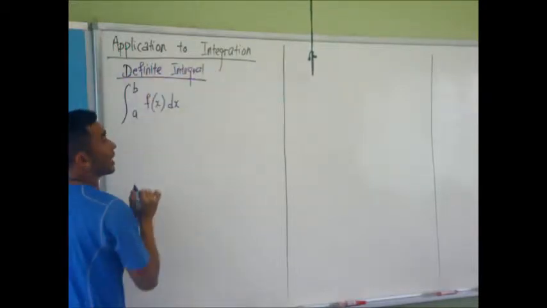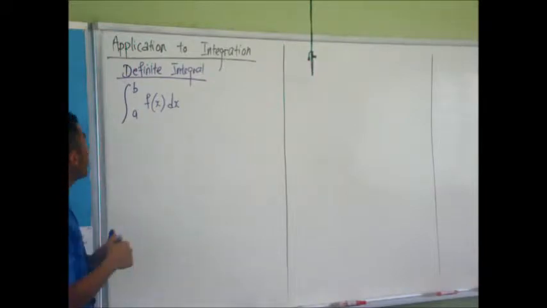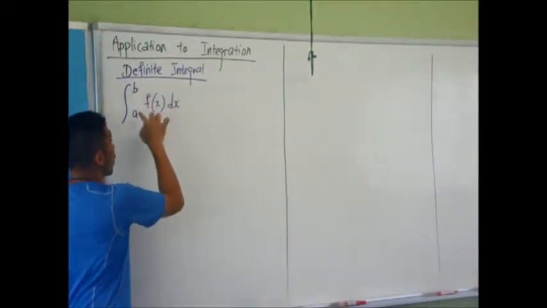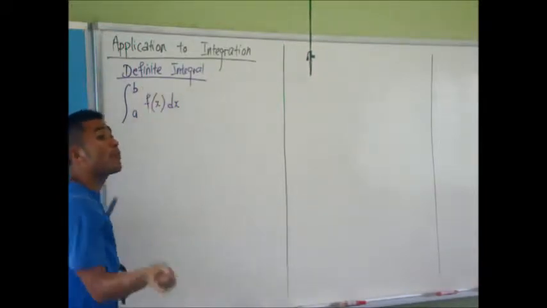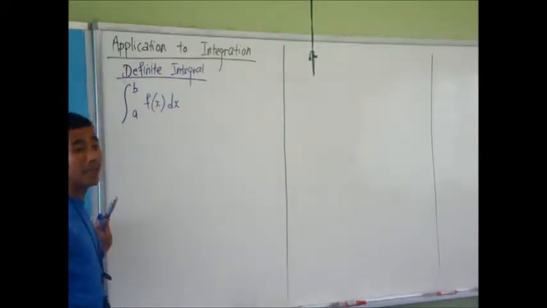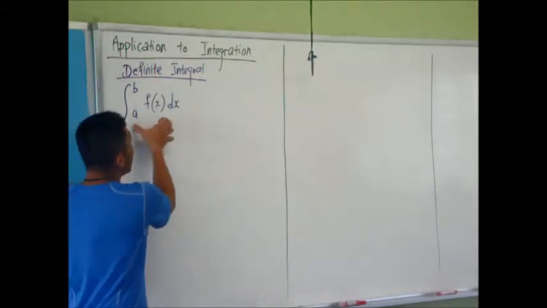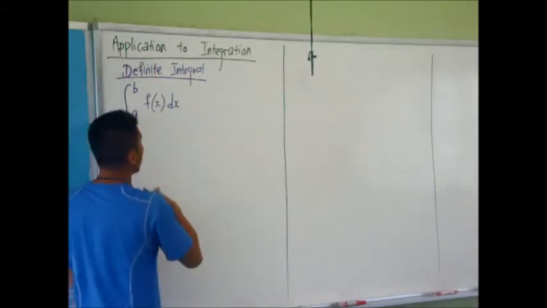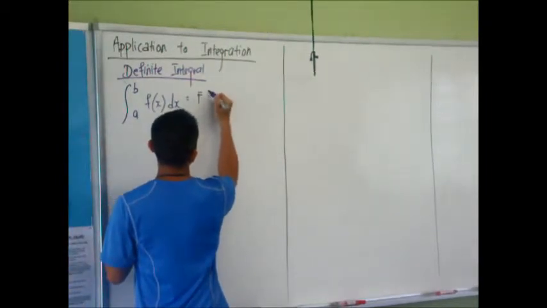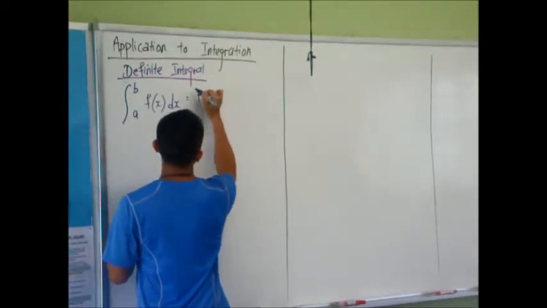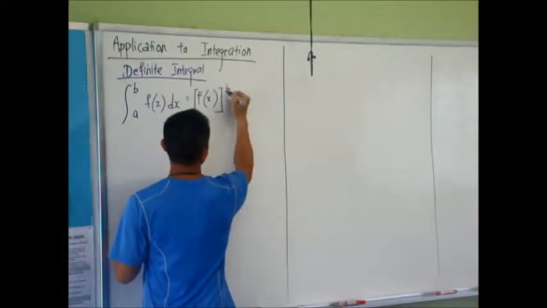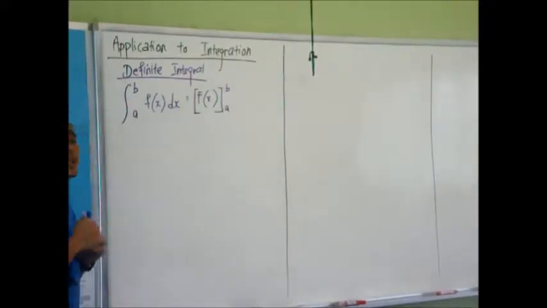Make a good guess. Why is this called definite integral? Because there is a range from A to B. But previously, the kind of integration which you did is not called definite integral. Right? It's just integration by itself. So, if I were to summarize this result, this is what you get.